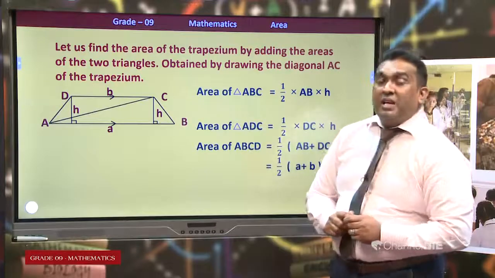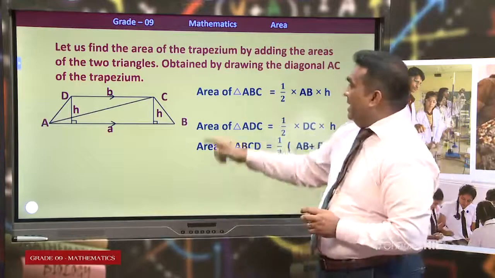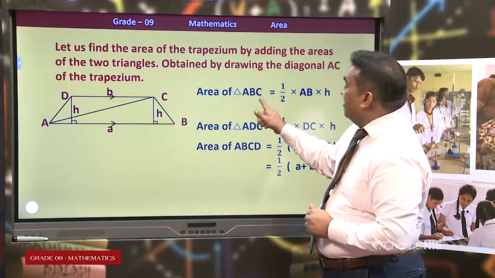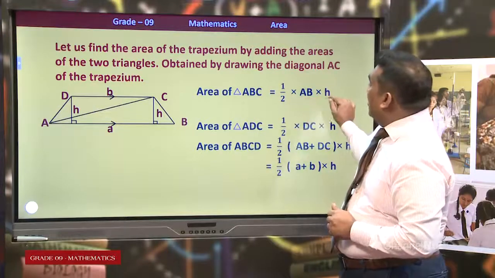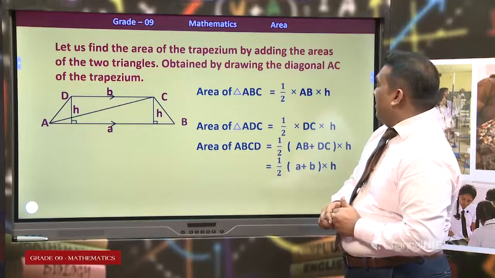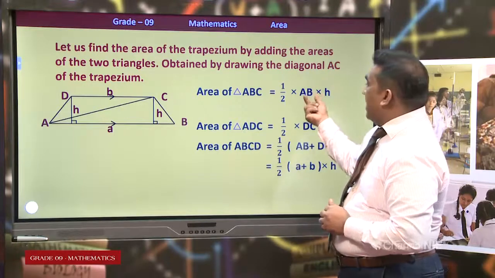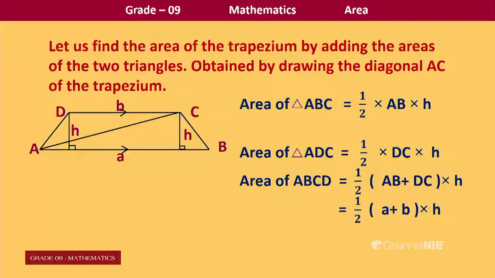Then you can develop a formula. Area of triangle ABC is equal to half into base into perpendicular height. Base is AB, perpendicular height is h. This is our first formula. Second one, triangle ADC.